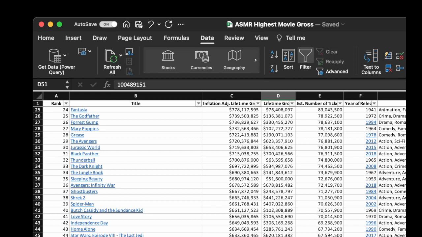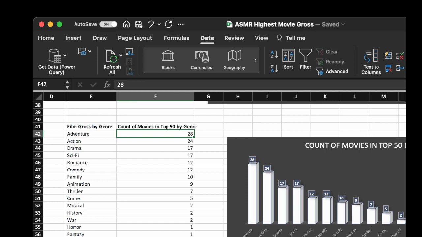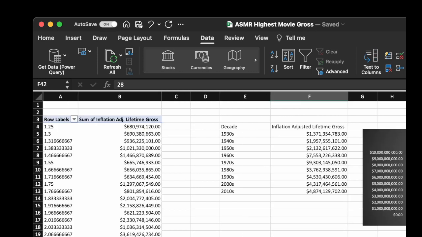So, that's kind of an overview. Let's go into the graphs. I did a sum of the releases by decade.